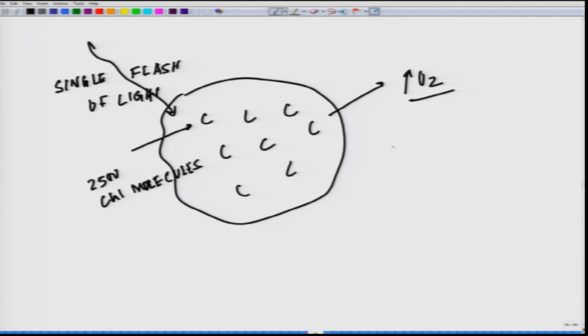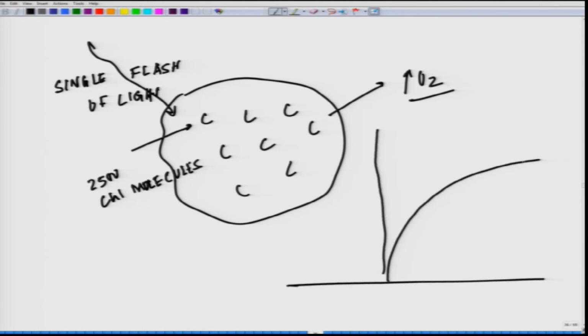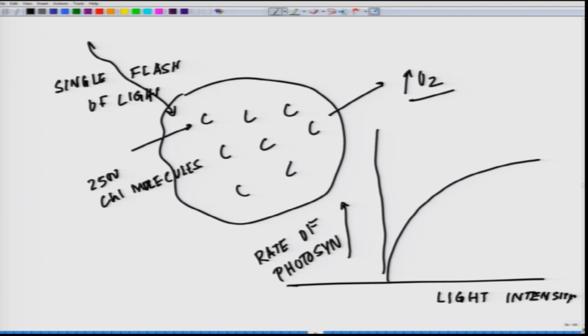If you draw a graph, it will look something like this. On the x axis you have light intensity, and on the y axis you have the rate of photosynthesis, and this is the limiting value.